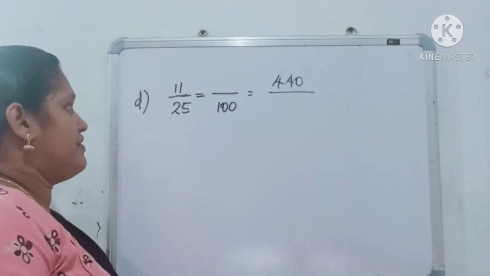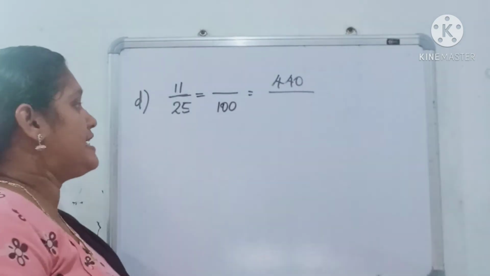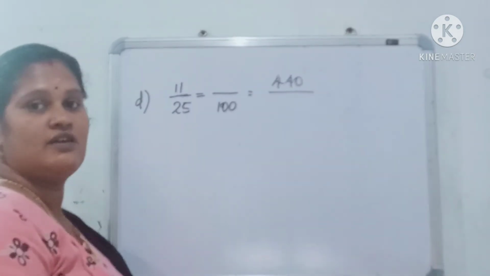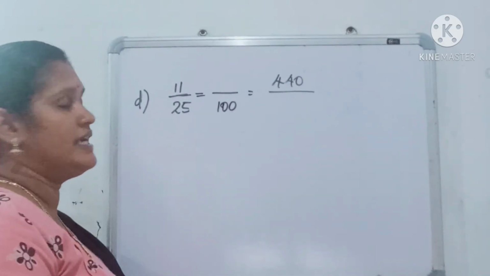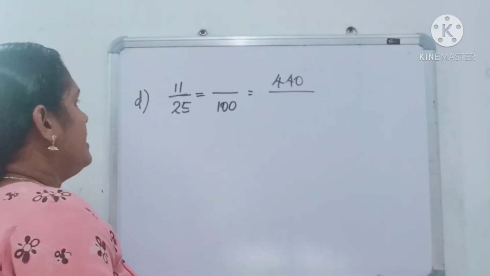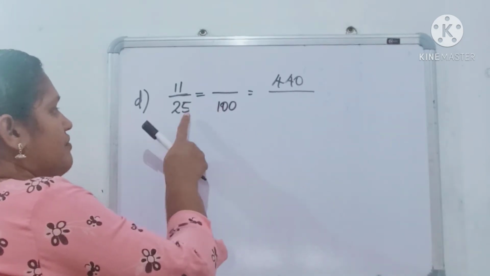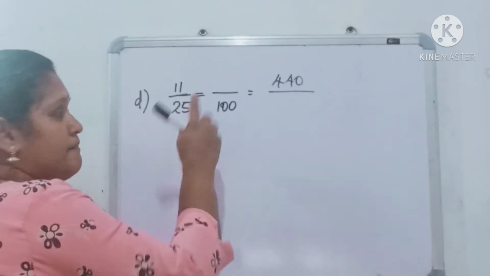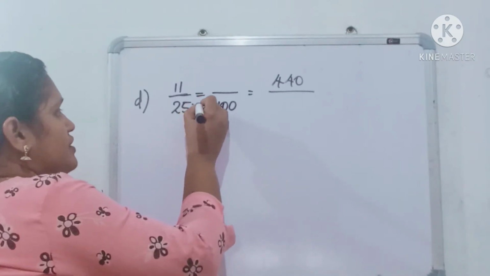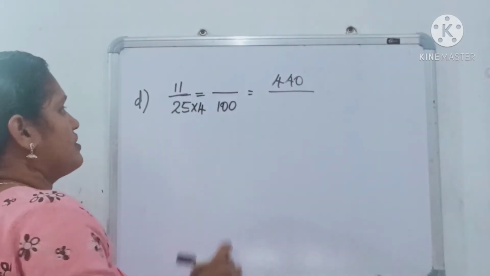D. 11 by 25 equals dash by 100 equals 440 by dash. Here 11 by 25. To get 100 here, what should we multiply by? We should multiply by 4.